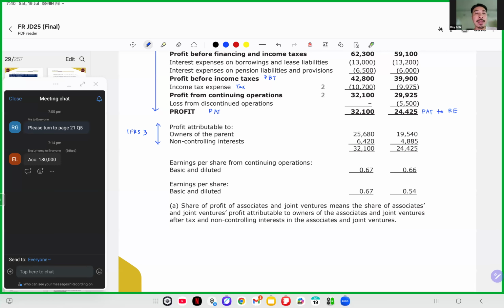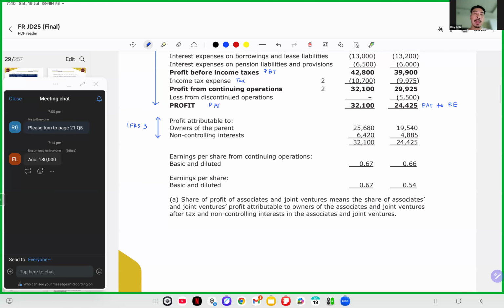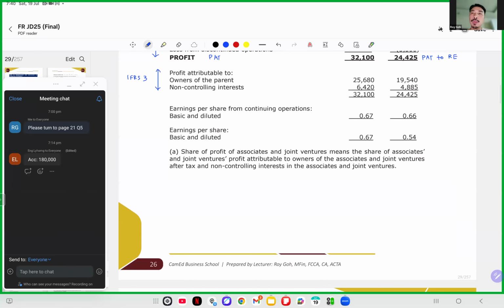So this is under IFRS 3 that you will learn not so soon, maybe lesson 14 onwards, then you'll learn consolidation, but not so soon, yeah? So this is your earnings per share. Earnings per share, IAS 33. You must report in cent.